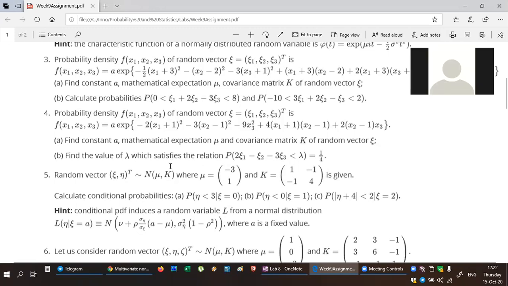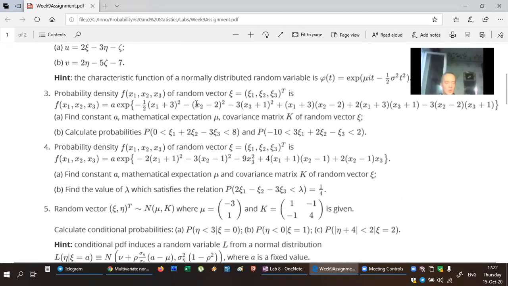What is the random vector Xi there? How can you write it for this task as an example? Number 4? Yes. Or for number 3, it doesn't matter. You asked me about the vector Xi. But it's written here. So Xi has 3 components, and what is each component of Xi?